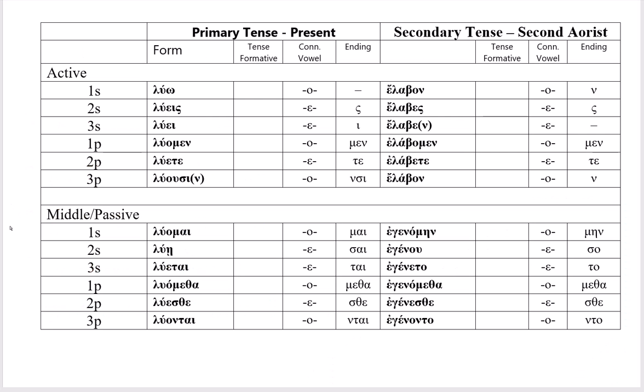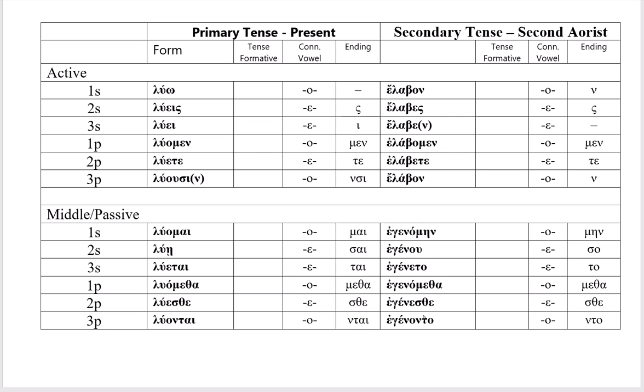So let's take a look at our chart here. The second aorist will be over here on the right side. And here is an example: elaban, elabes, elaben, elabamen, elabete, elaban. Notice the endings on, s, n, amen, ete, on are the same as we saw for the imperfect.